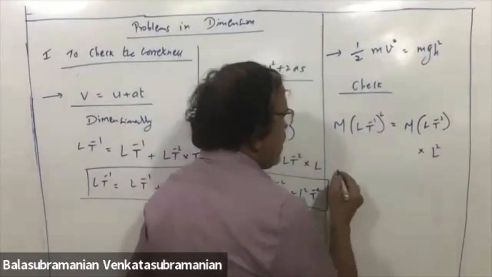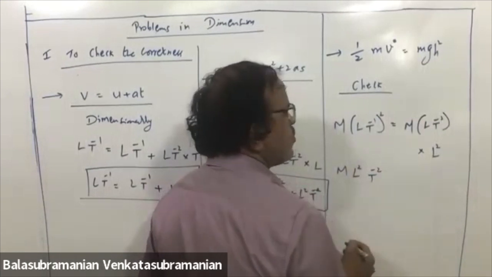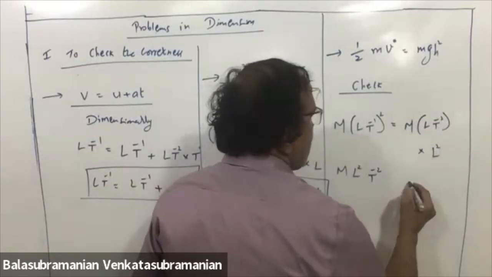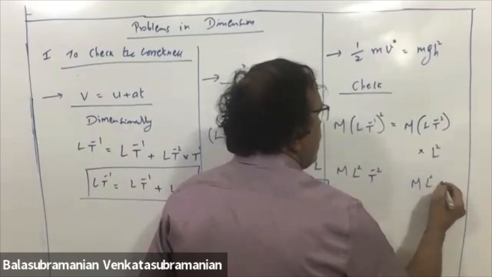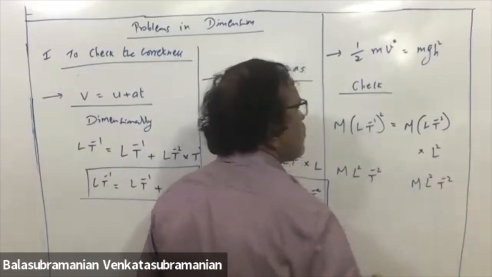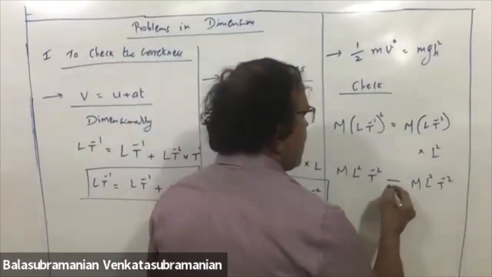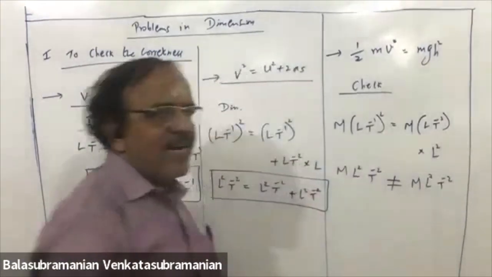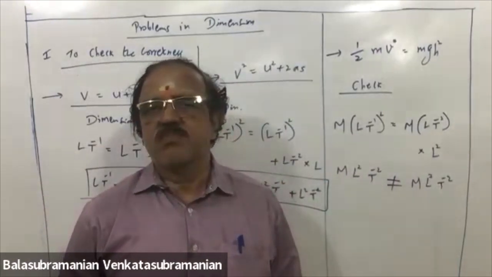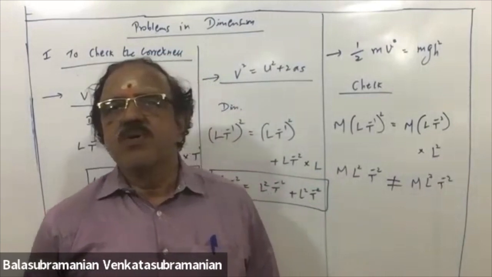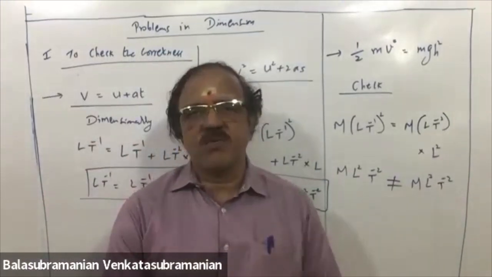So I can write M L square T power minus 2. Right hand side M L cube T power minus 2. Left hand side and right hand side, they are not equal. Dimensionally, it is not correct. Okay. So this is checking the correctness of the given equation.